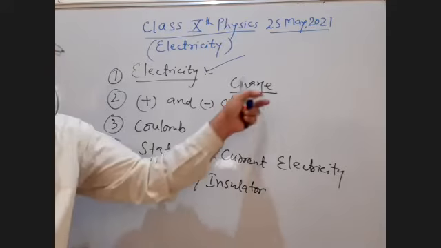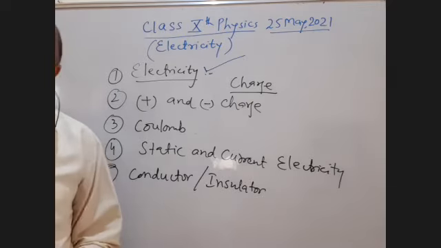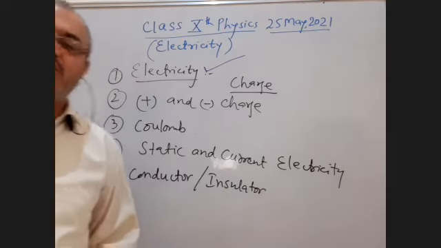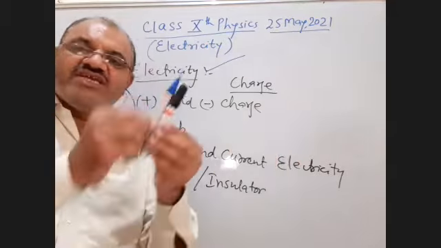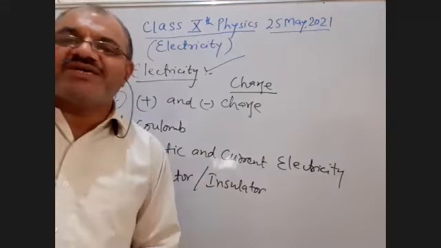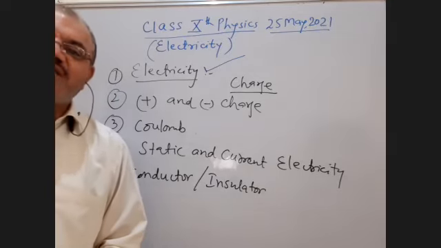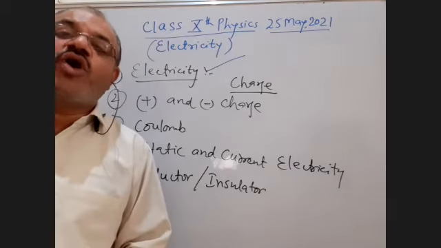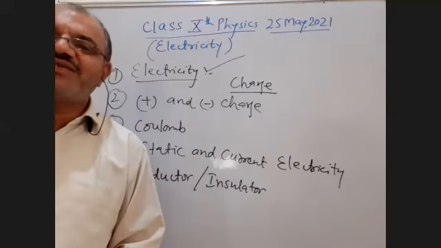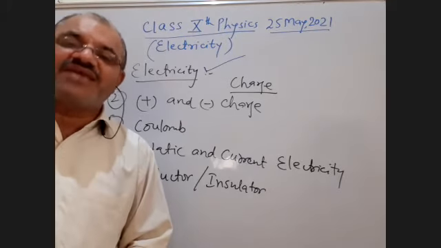Now, student, before that, I should go for the second term, that is positive and negative charges. First, I'll let you know the charge. Whenever 2 objects are rubbed with each other, they acquire charge. For example, a comb is rubbed with dry hair, or a plastic scale is rubbed with dry hair.